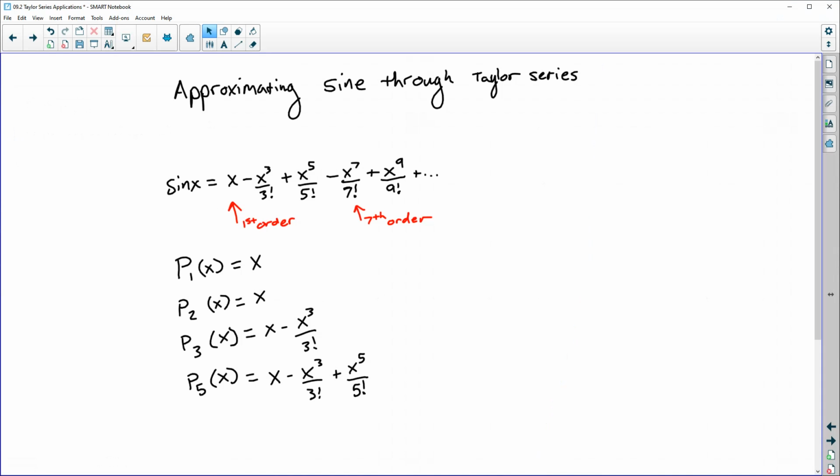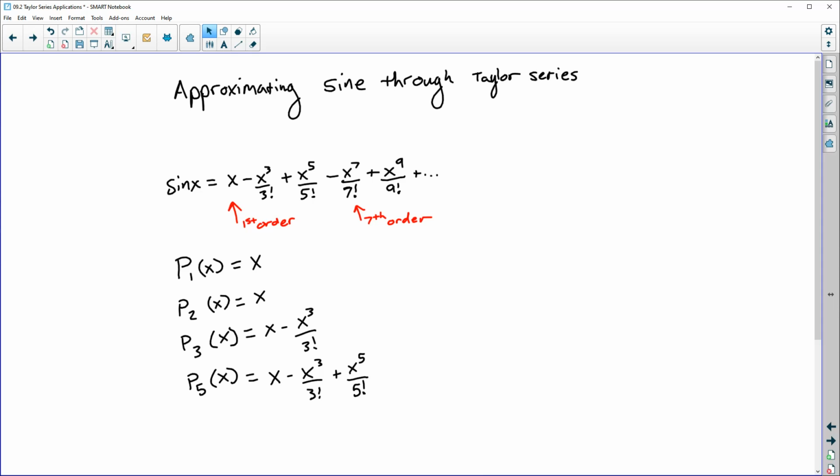Now I want to talk about how Taylor series allows us to approximate functions that are non-polynomials. A good example is the sine function. We've seen that sine can be represented by an infinite sum of odd order polynomial terms. The first order is x to the first power, and the seventh order is x to the seventh.